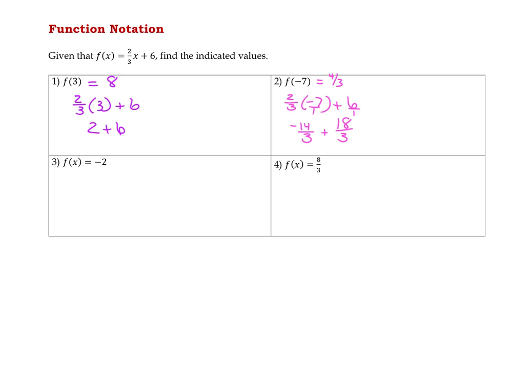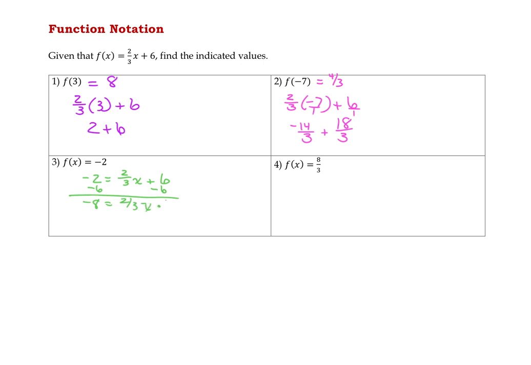And now I'm going to plug in a -2. So this one says f of x equals -2. That means the y equals -2. So I'm going to put in place of the y -2. And now I have to solve for x. So now I'm going to subtract that 6, which is -8.